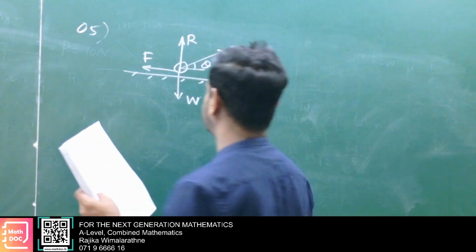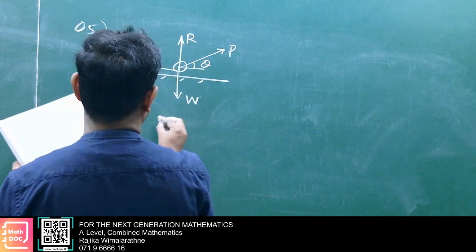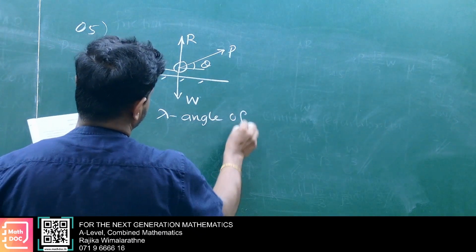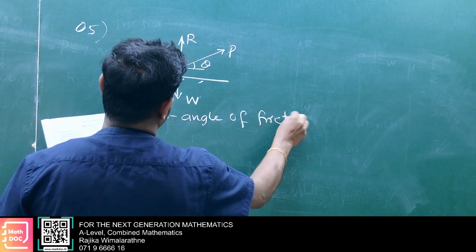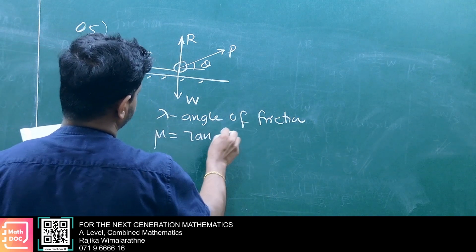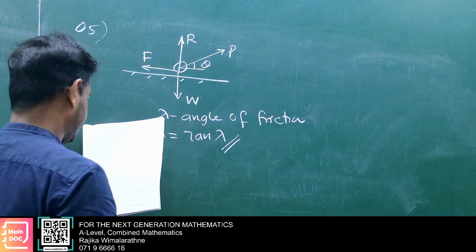The angle of friction is lambda. Then given mu equals tan lambda. So now it is known.